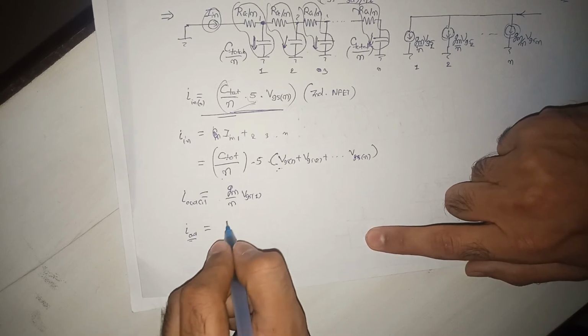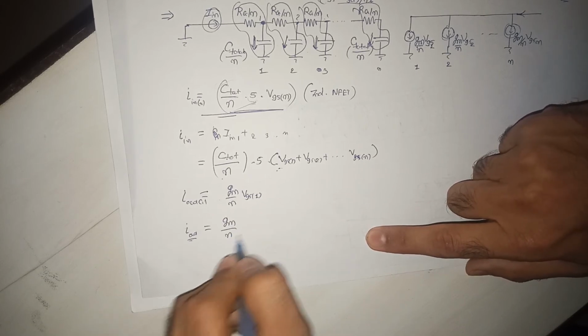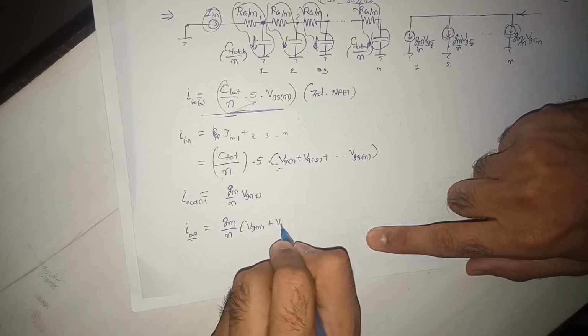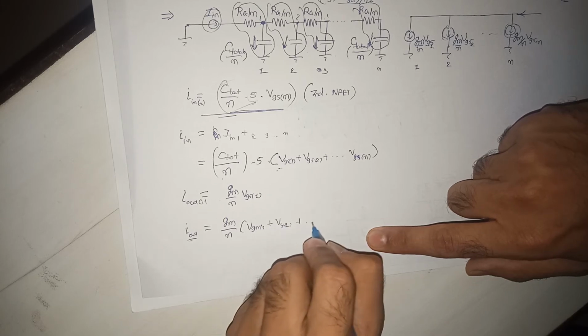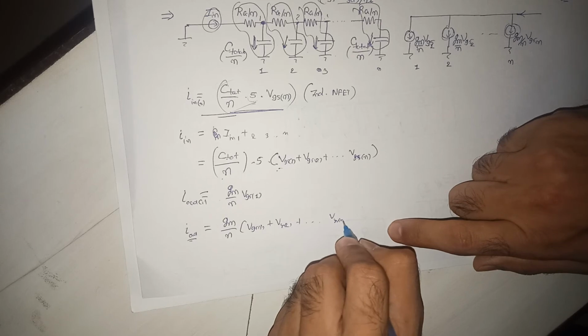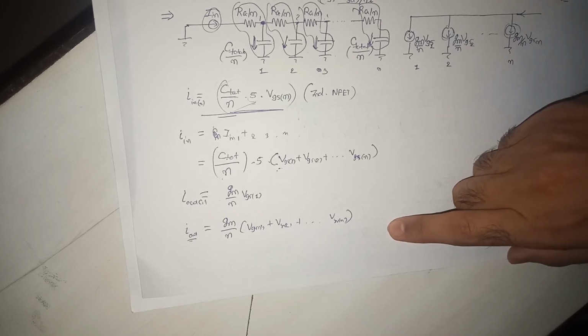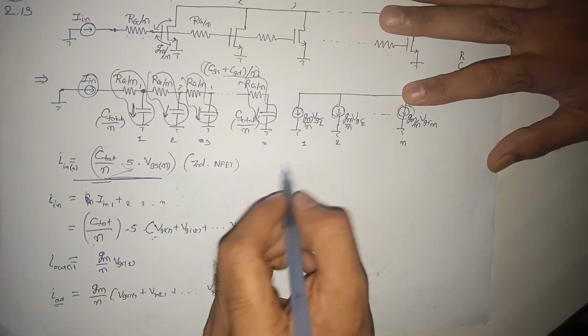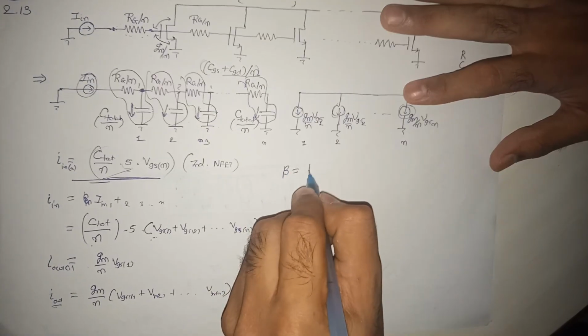So that is gm upon n times (VGS1 plus VGS2 plus up to VGSn). Now what is beta?